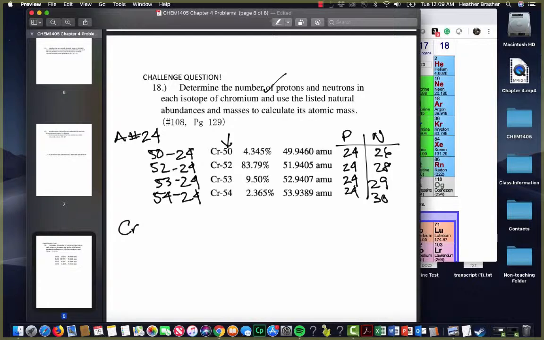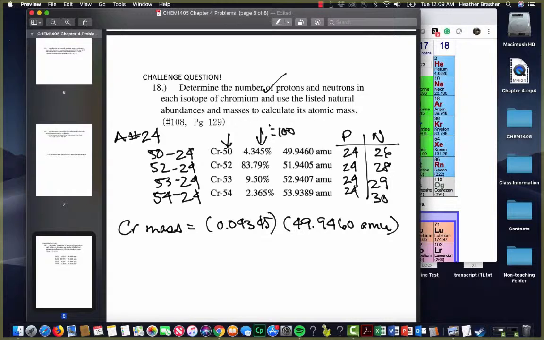We just say the mass for chromium is going to be 0.04345 times what? The atomic mass. So all these, you're just dividing by 100 so you can find out what the percentage is, and then we're going to add them together.